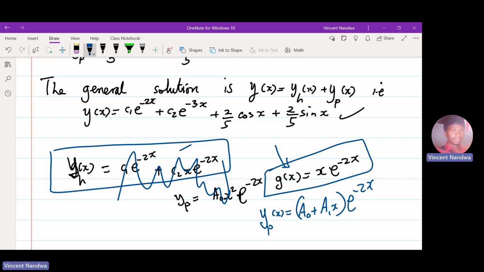So if the yh is not having things which are multiples of x e power minus 2x, then this is what you expect. But now that you are told that the homogeneous solution is this other solution, what now do you do?